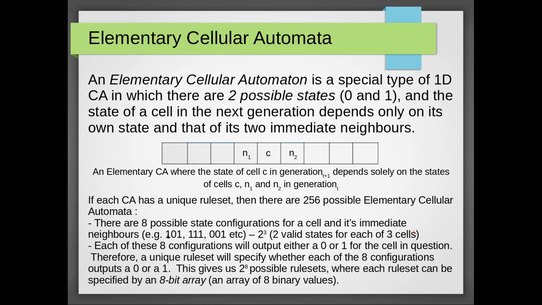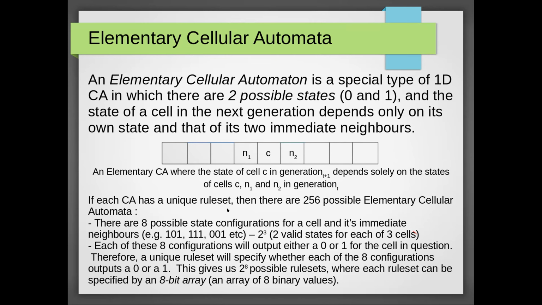Remember the states of the cells are 0 or 1, so one possible set of 3 would be 1, 0, 1. So imagine them on, off, on. They could be all on, all ones, they could be 001, etc. There are 8 combinations of those because there are 2 valid states for each of 3 cells.